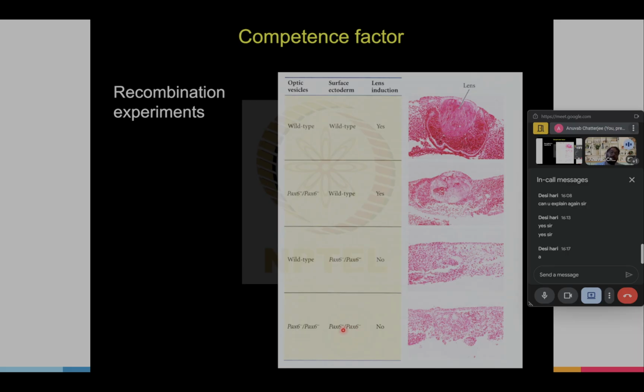It is not competent to catch the signals from the inducing optic vesicle, and that is why you do not have any optic lens forming here. So essentially you can imagine PAX6 being the ability of the surface ectoderm to catch the signals from the optic vesicle. Without PAX6, it is not able to catch the signals, or even if it is able to catch the signals, it is not able to act on them. So the moment you take PAX6 out, you have no lens formation, no matter what else happens.